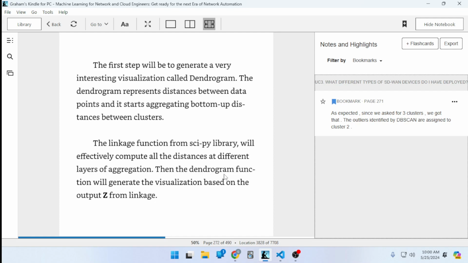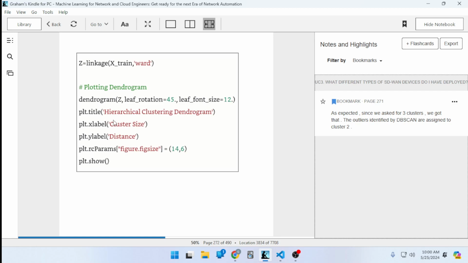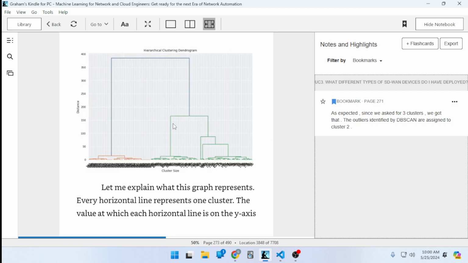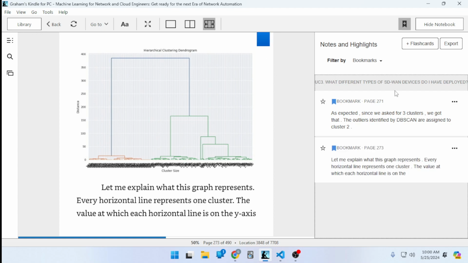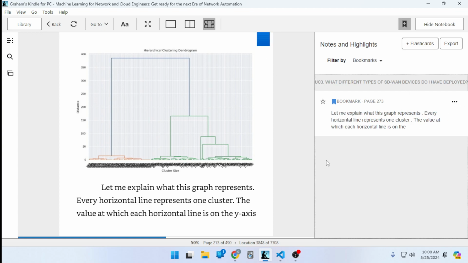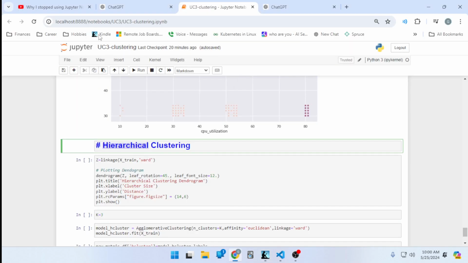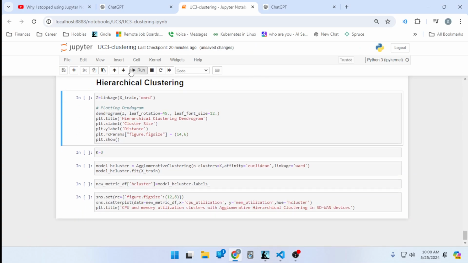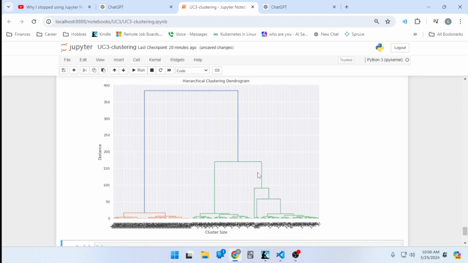Then the dendrogram function will generate the visualization based on the output Z from linkage. So we're going to see a dendrogram here. Yeah, and that does look pretty interesting there. So let's get it on my local computer to show up. And, okay, so we have a dendrogram there. Yeah, that looks interesting.